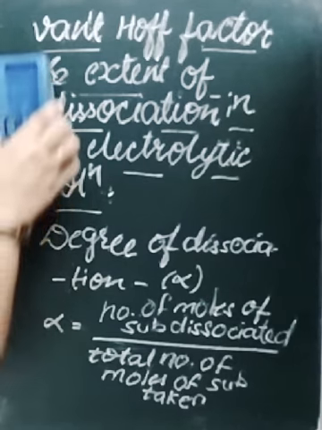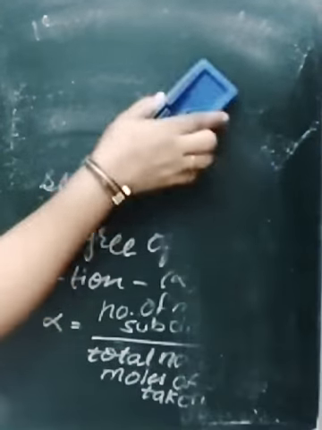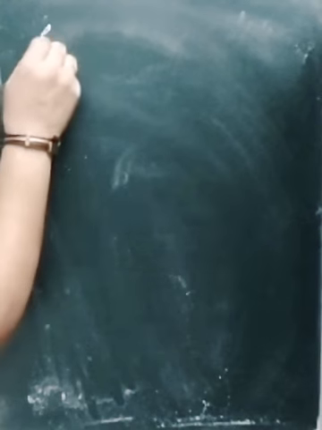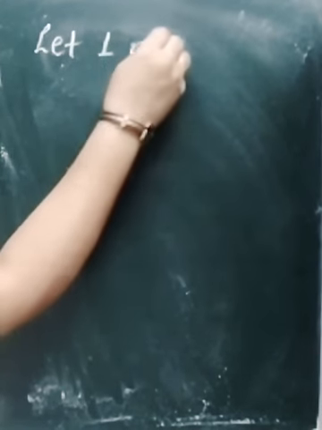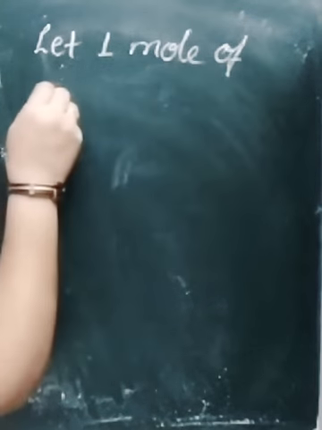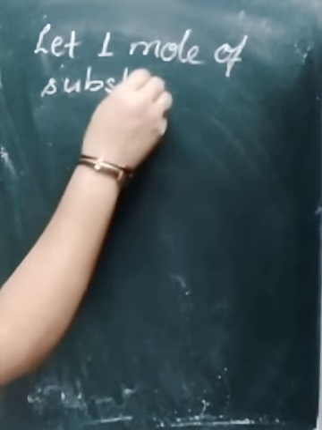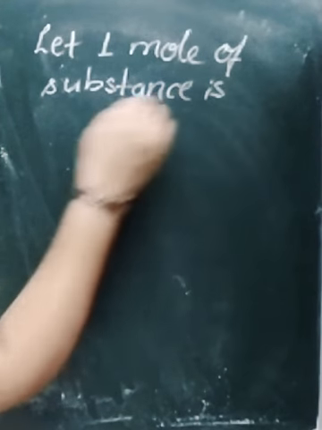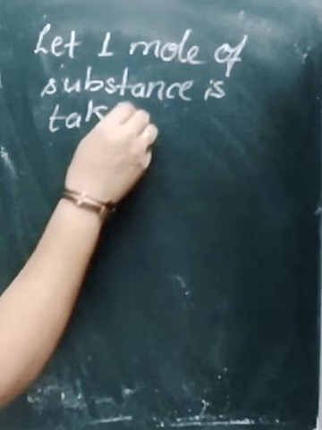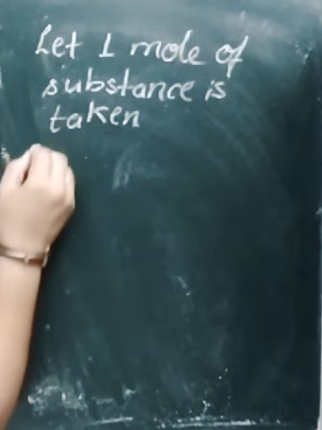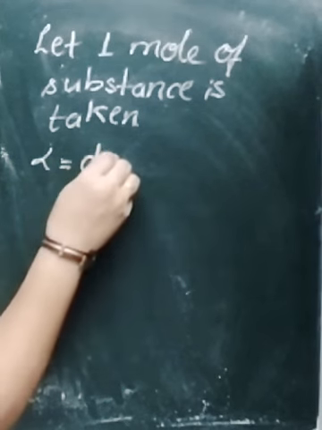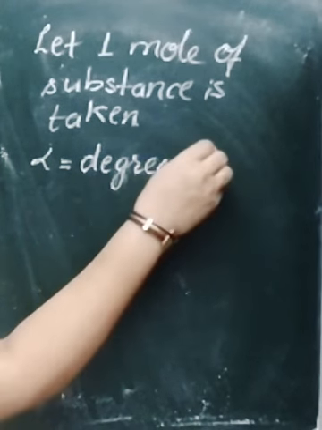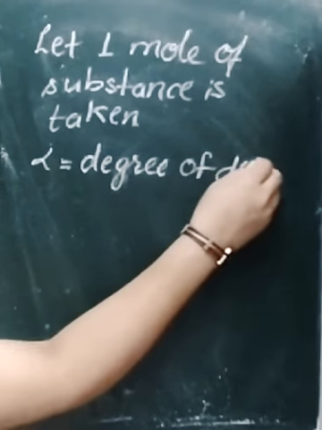For example, let 1 mole of solute be taken initially, and alpha is the degree of dissociation.